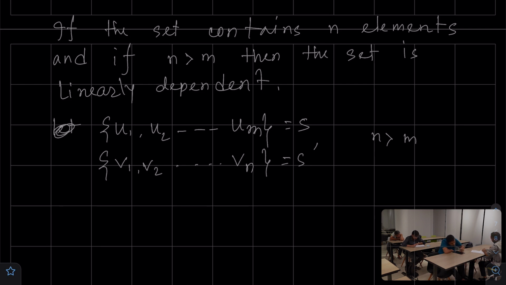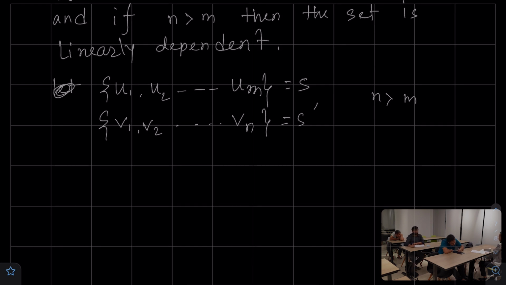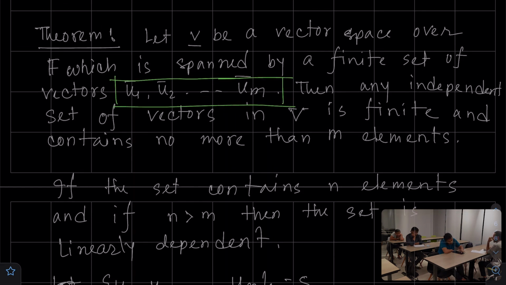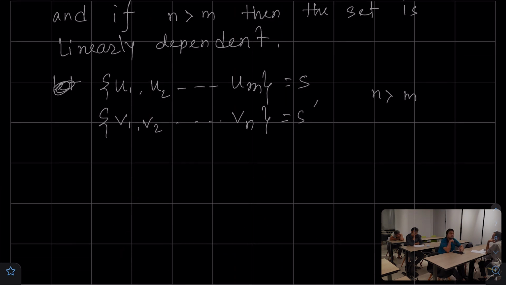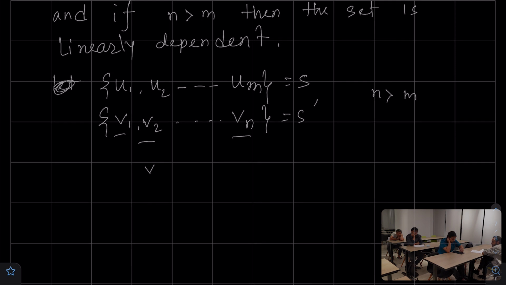Okay, right? So now the first set S spans the vector space, right, because it is in the theorem. That's why there is an m. So since this set spans the vector space V, and all these vectors v1, v2, vn are elements of the vector space V, then I can write each vi as a linear combination of these vectors.